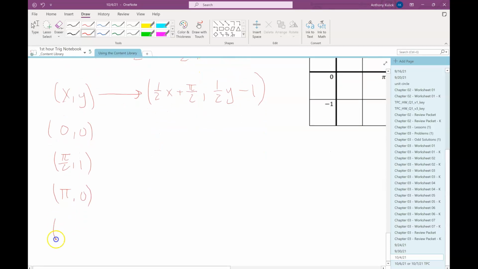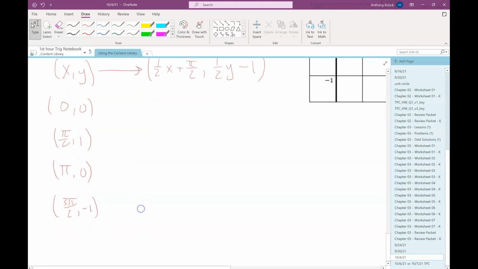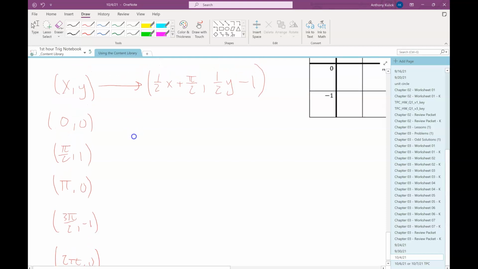So I'm just copying these down. Okay. And now to change these into my transformed points, I'm just going to be plugging in the x's and y's into that map that I wrote above.